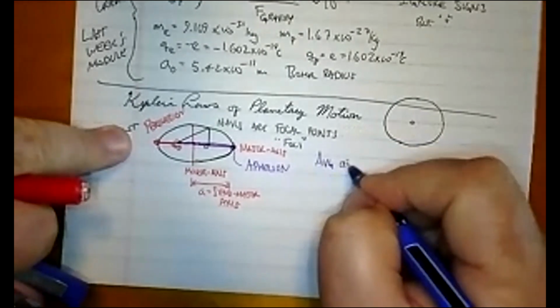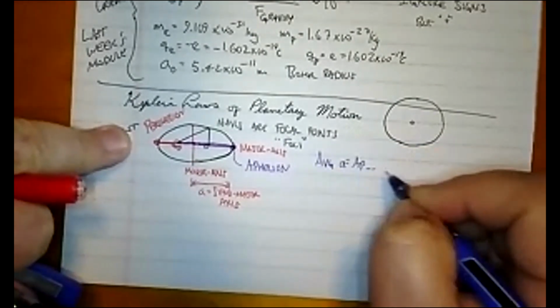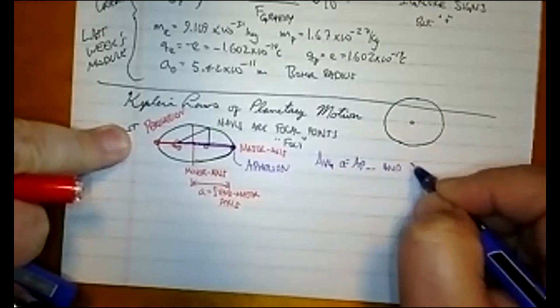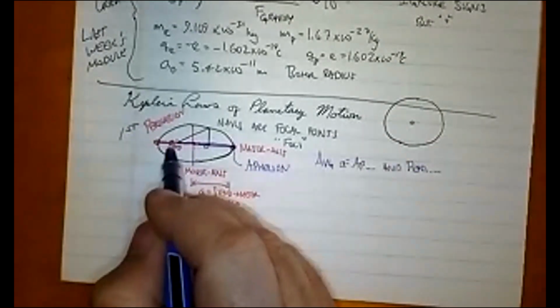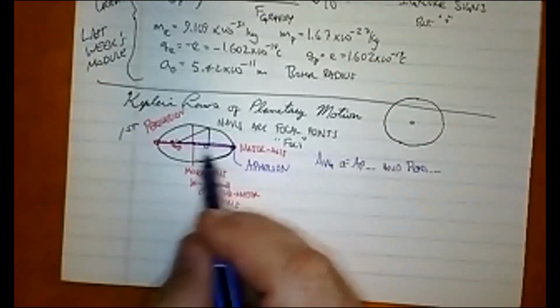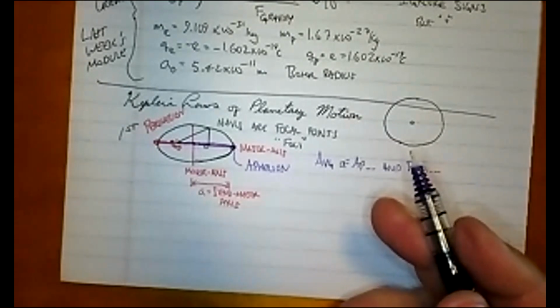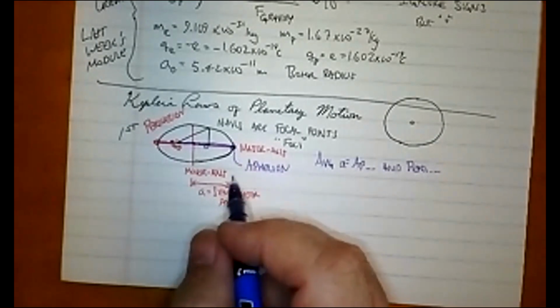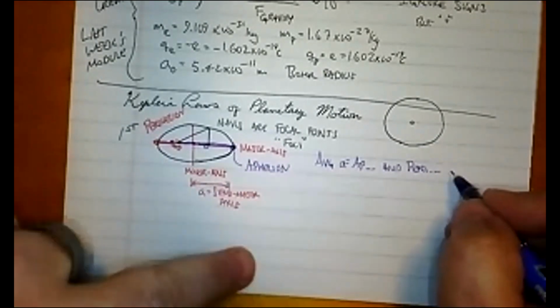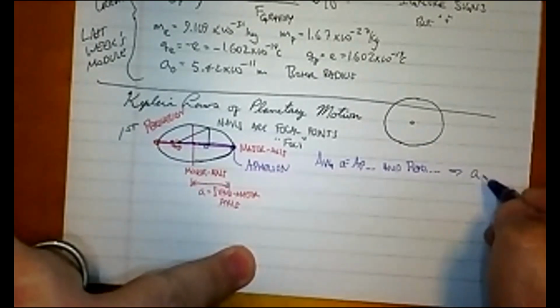So if you average those two distances, you'd say this distance plus this distance, and you divide it by 2, wouldn't you? You see that when you add the two, you get the major axis, and therefore you divide that by 2, you get A, the semi-major axis.